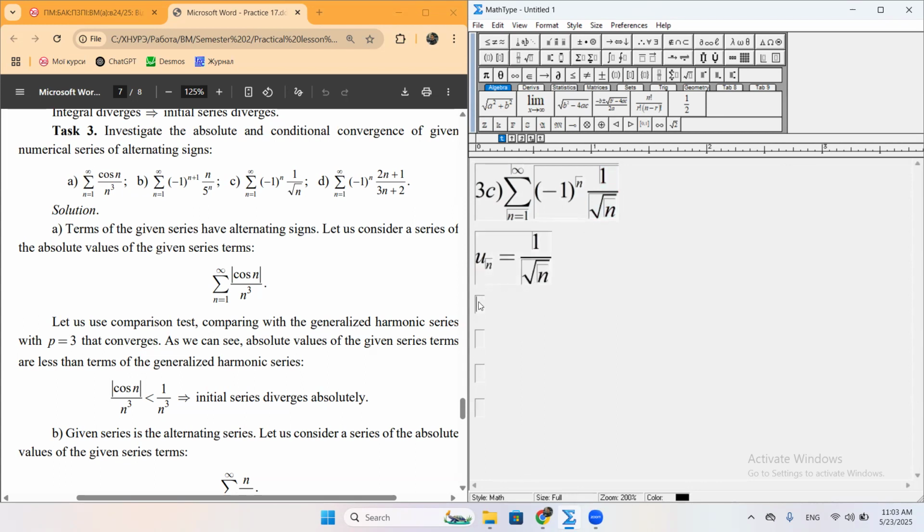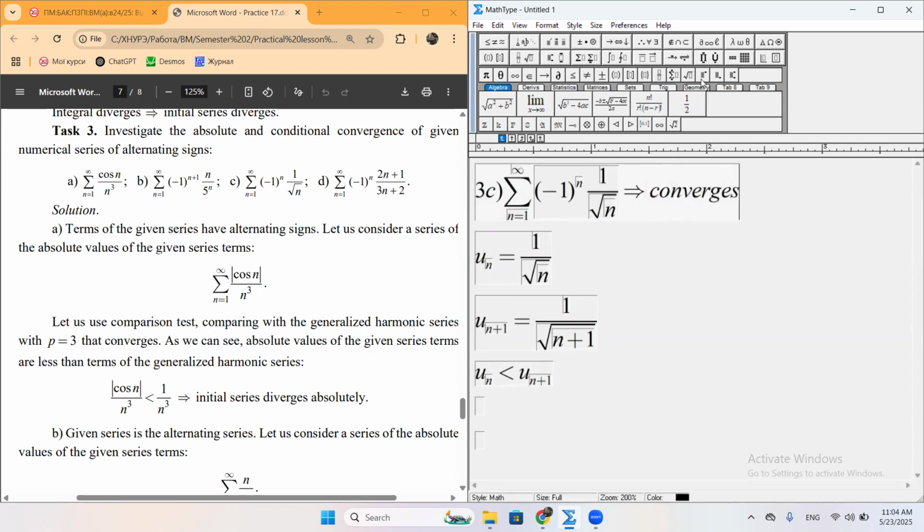So this is the module of the nth term. And what about un plus 1? It will be equal to 1 over n plus 1. What can we see here? That un is greater than un plus 1. So this series converges.